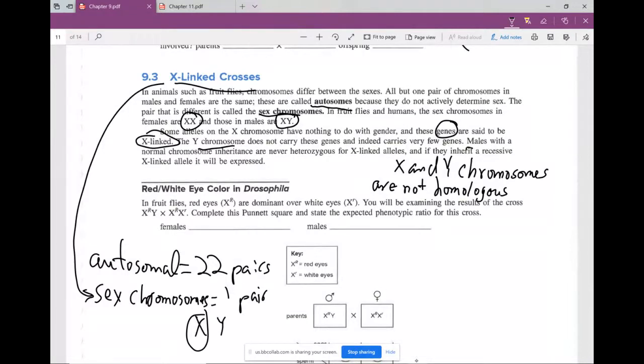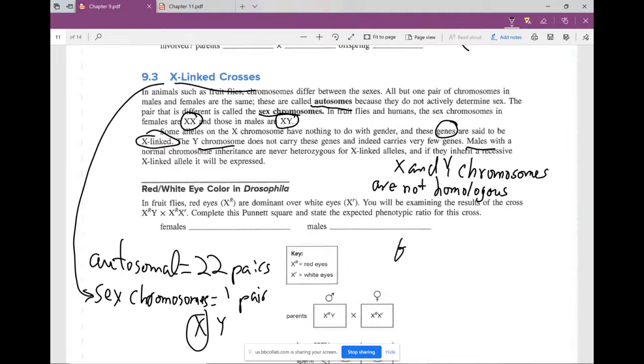Therefore, males don't have a backup to the X chromosome or to the genes on the X chromosome. So whatever genes are on the X chromosome for males, that's what their phenotype is going to be. The genotype is going to equal their phenotype in terms of X-linked traits. Right?